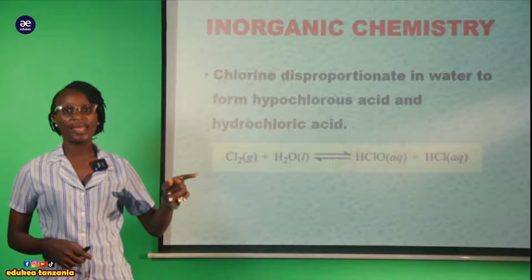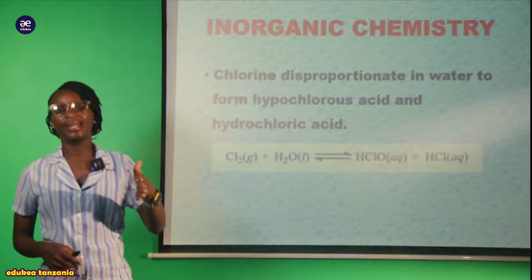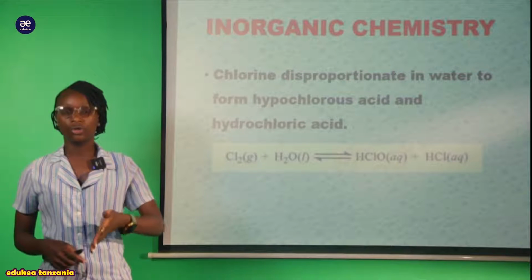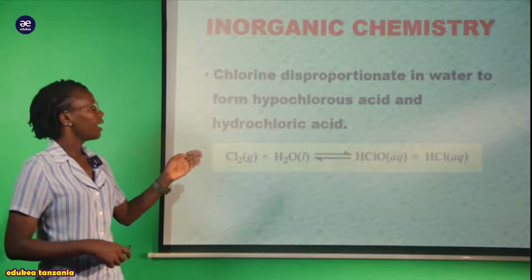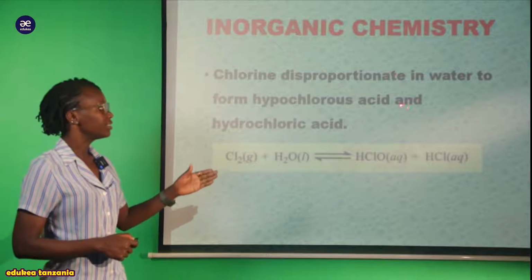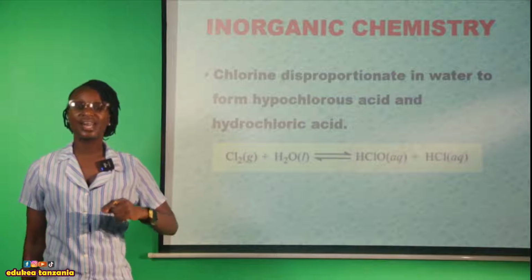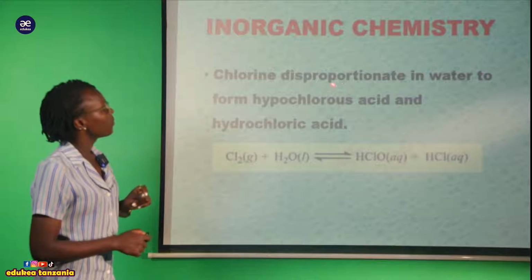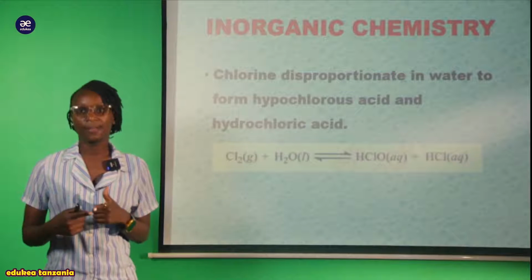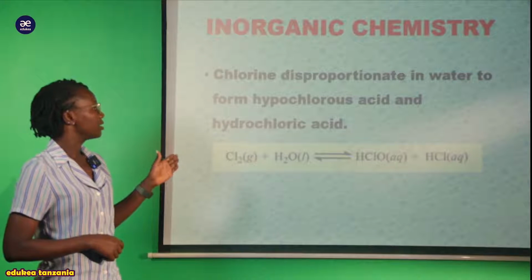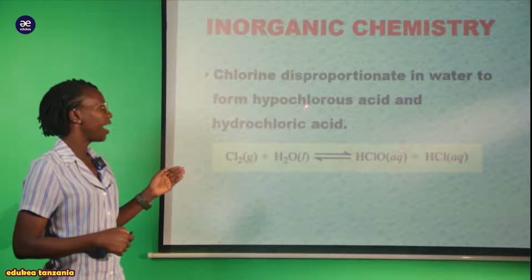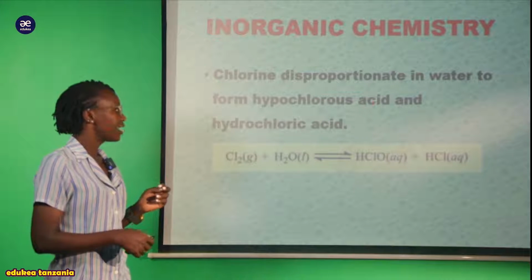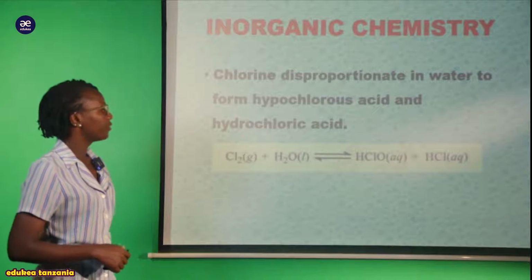Kwamba fluorine tumeona yeye ana uwezo wa kuform ile hydrogen fluoride lakini pia na oxygen or ozone. Lakini tunapokuja kwenye chlorine anasema kwamba this disproportionates in water, kwamba kwenye water ina undergo disproportionation reaction, ambapo anasema kwamba we're going to form the hypochlorous acid but also hydrochloric acid.